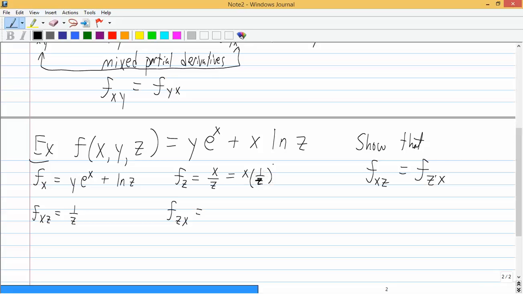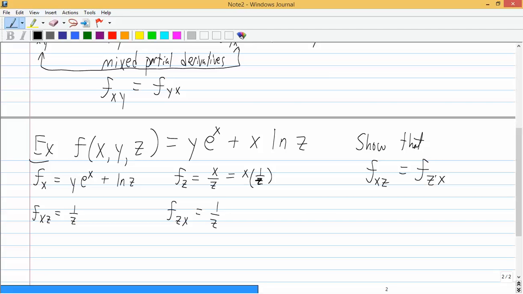You can think of it like it was a third. Well, a third times x, if you take the derivative of 1/3 x, it's just 1/3. Well, it's not 1/3, it's 1 over z. So the derivative of x to the first is 1, leaves you with 1 over z. Okay? So you can see those two mixed partial derivatives are equal.